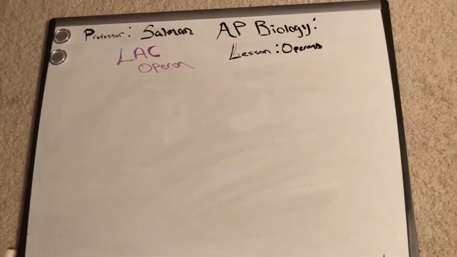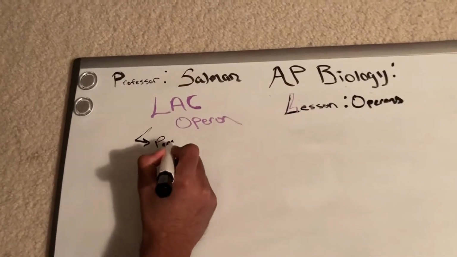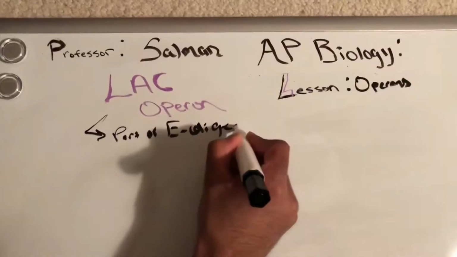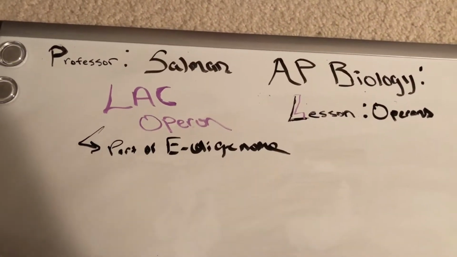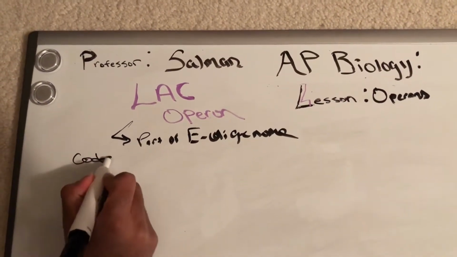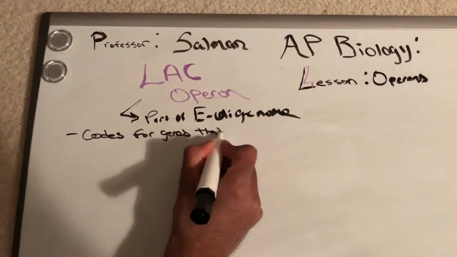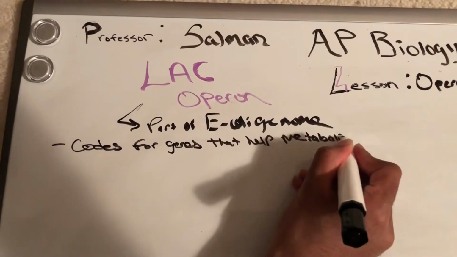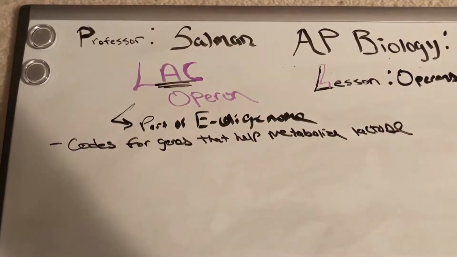So basically, the lac operon is part of the E. coli genome, and what this operon does is code for genes that help metabolize lactose. Hence that lac stands for lactose.